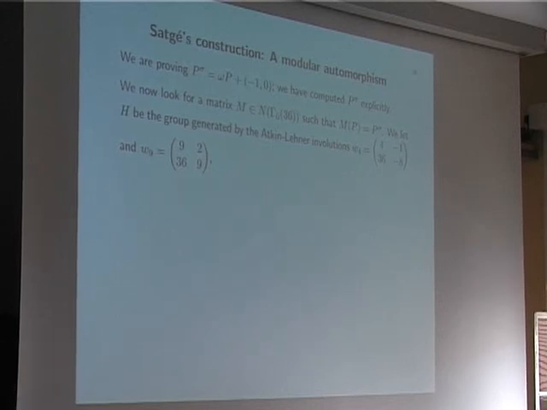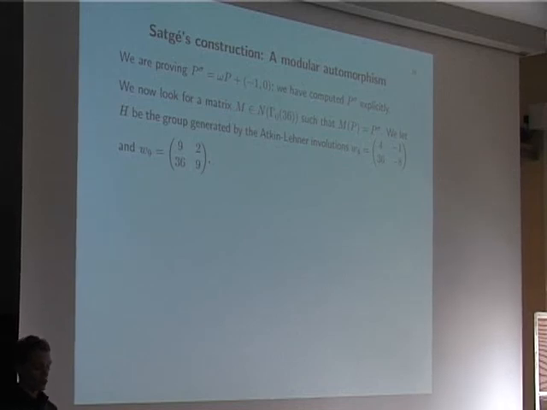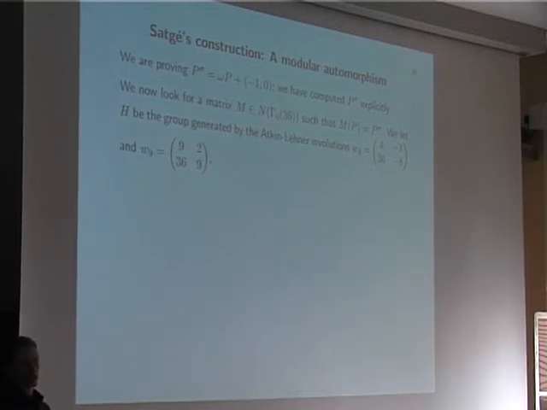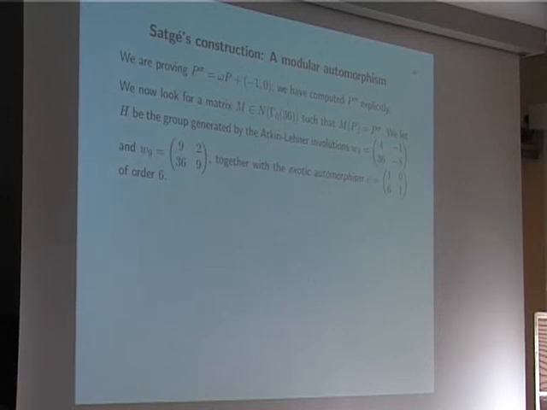Okay, so if you go hunting around for automorphisms, the two that you immediately find are the Atkin-Lehner involutions, W4 and W9. And you can write down explicit matrices for those. They have a modular interpretation. And it turns out in this specific example, there's also what's known as an exotic automorphism.